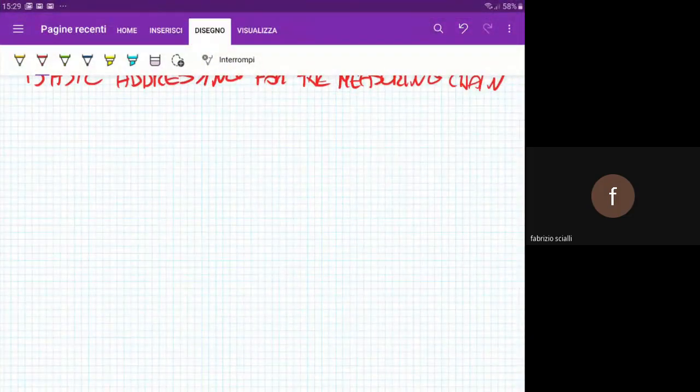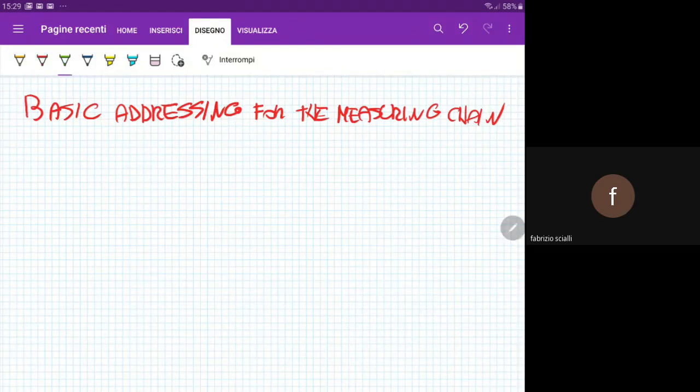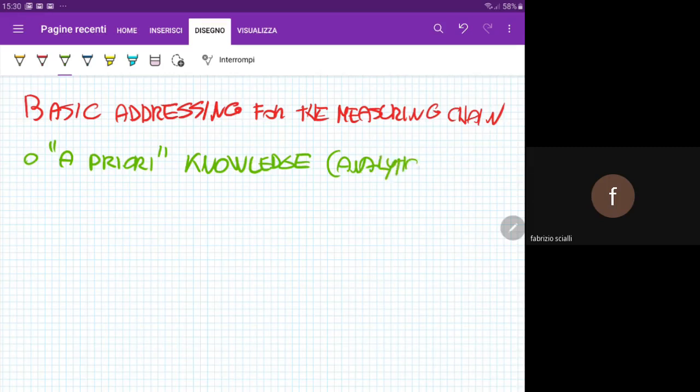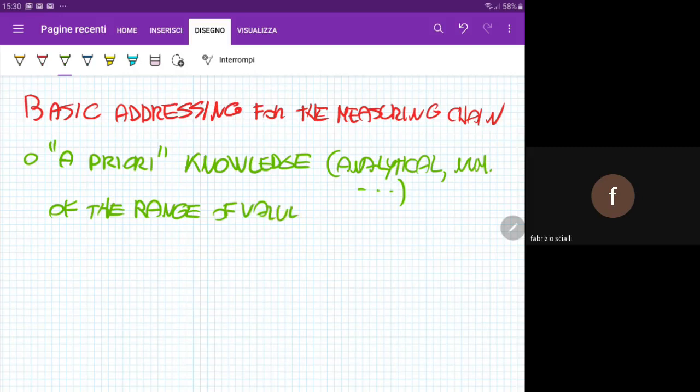Okay, so the first point here is what I call an a priori knowledge, and this knowledge could be analytical, numerical, etc., of the range of values of the measurement quantities.